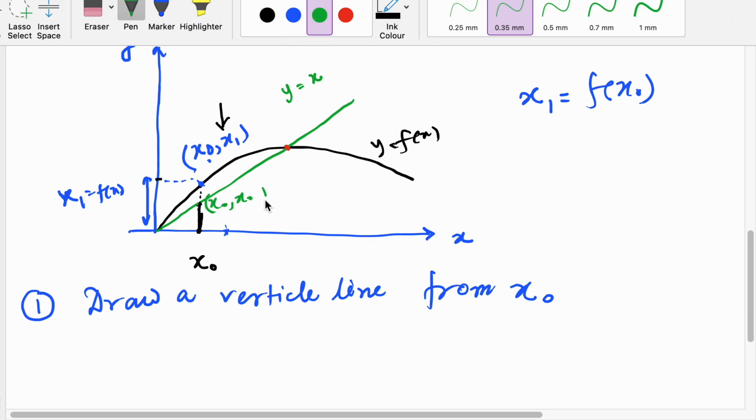Why is it x0 comma x0? What will be the value of y at this point? Basically y will be y0 equal to x0. So we get the point x0 comma x0.